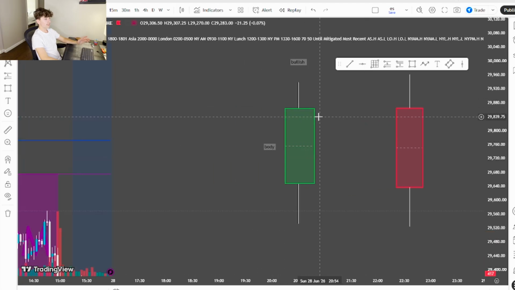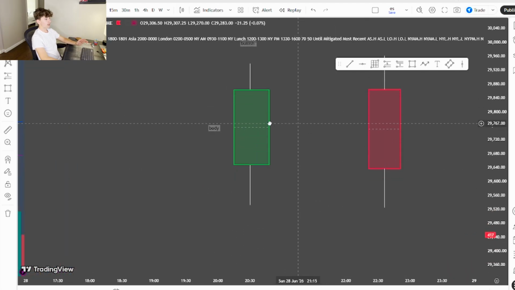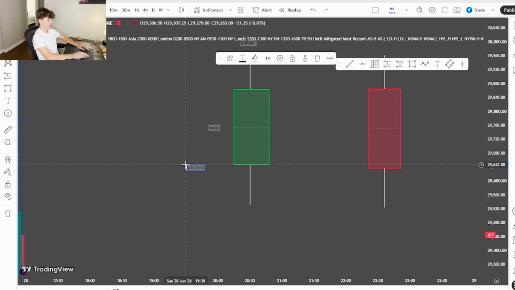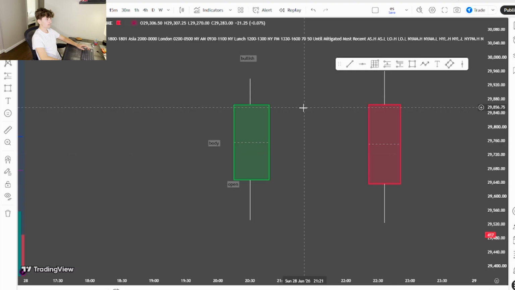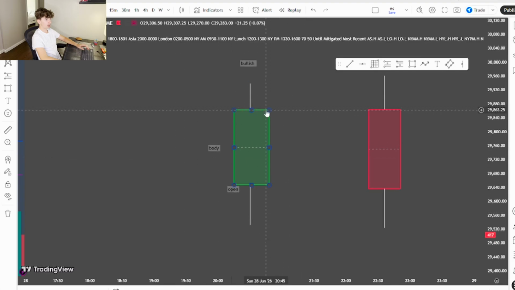So what are these wicks? Whenever a bullish candlestick opens, this is going to be where it opens. So right here at the very bottom of the body is where the candle opened. And at the very top of this body is where the candle closed.